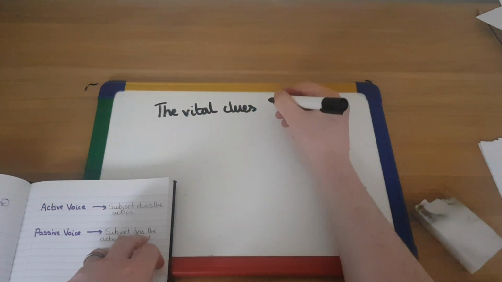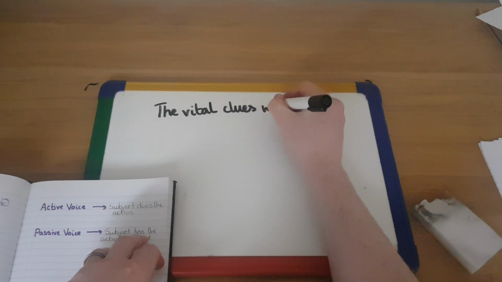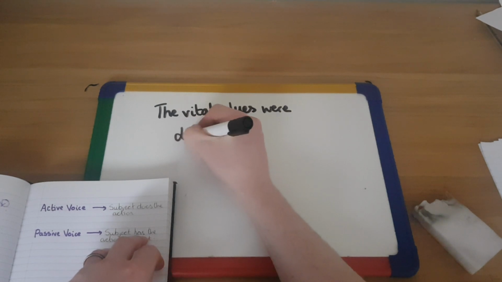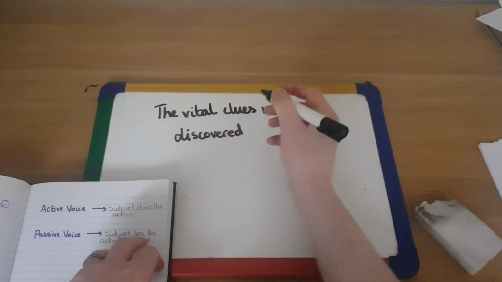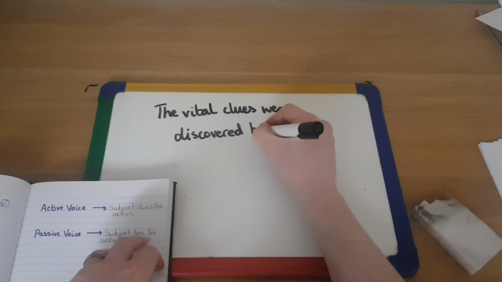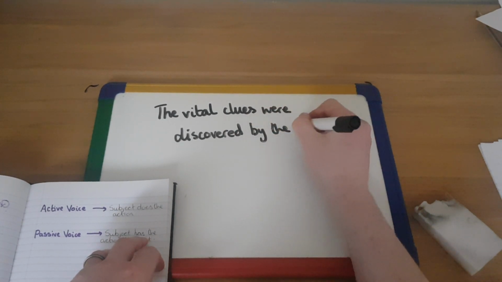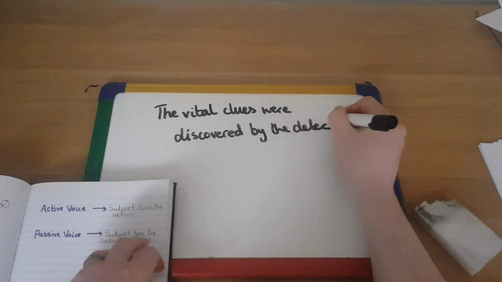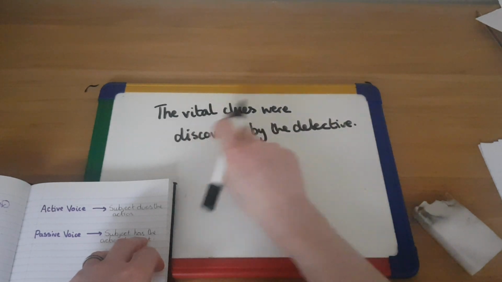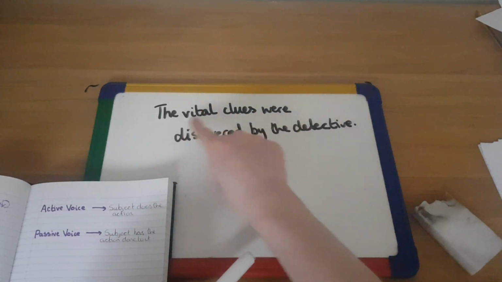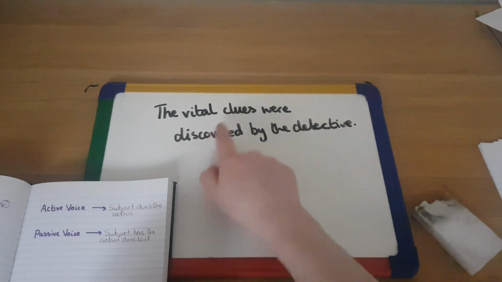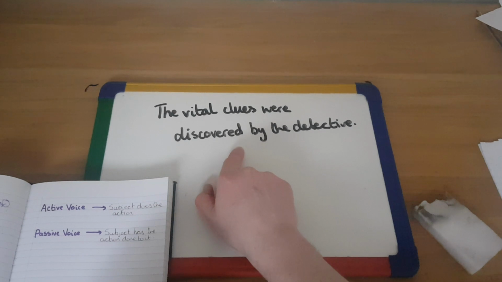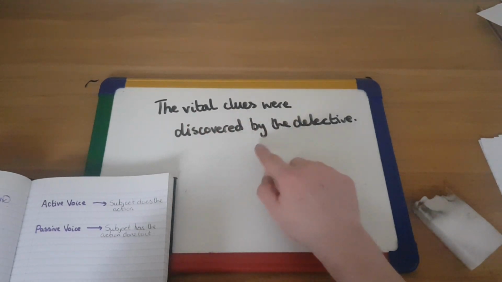The vital clues were discovered by the detective. So now think, what is this sentence about? What is the subject? Well, the subject is the clues, isn't it? That's what the sentence is about. Are the clues doing the action? Well, the action, the verb, is discovered. The vital clues were discovered by the detective.